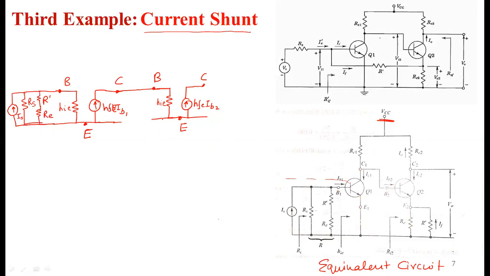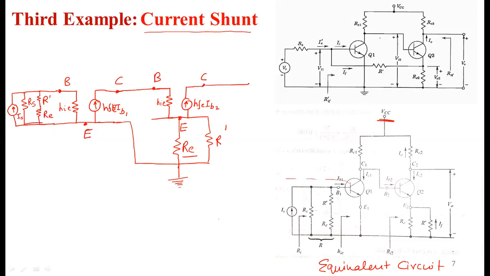So first of all I will remove, okay, so from this emitter we have RE and we have R dash, and we can connect this like this and make it ground.